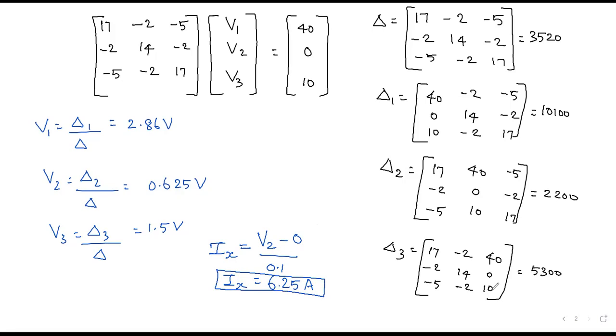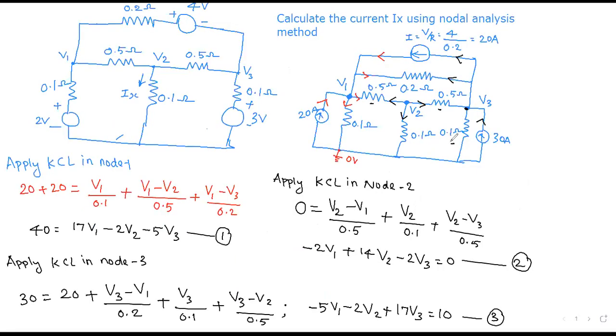So this is the procedure to solve nodal analysis. I repeat, the first and foremost step is to convert all the voltage sources into current sources. If the problem itself gives current sources, don't worry, we need not do any conversion, we can proceed.